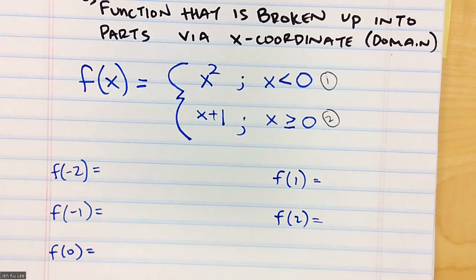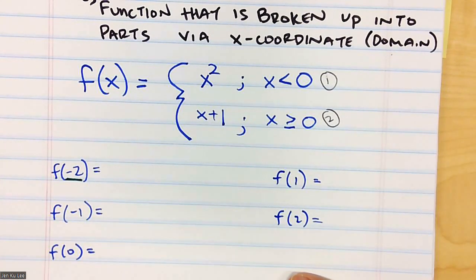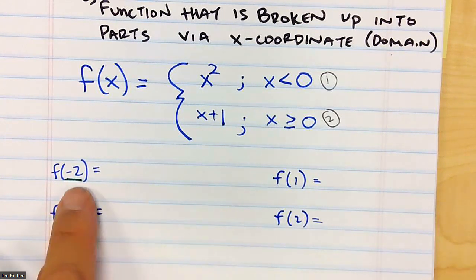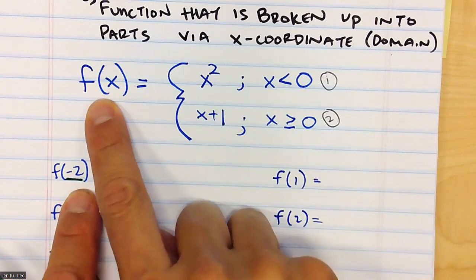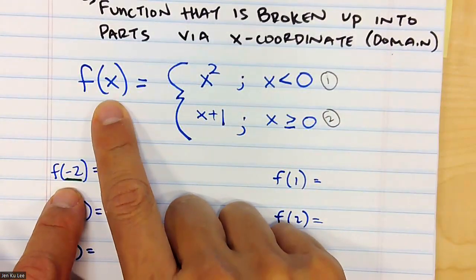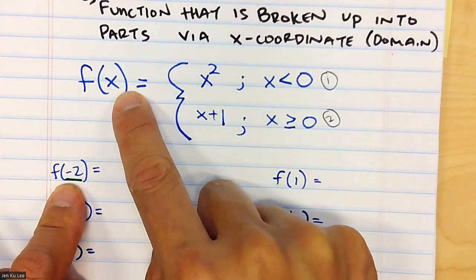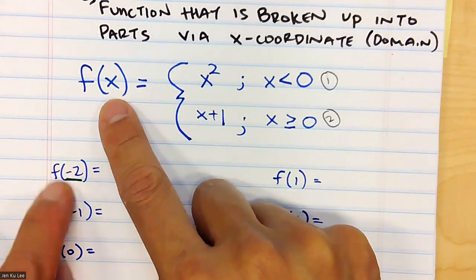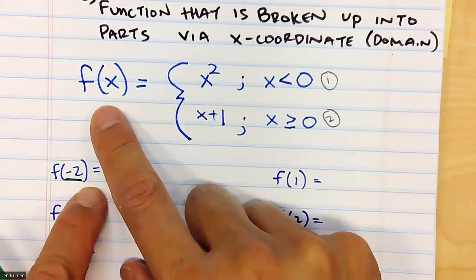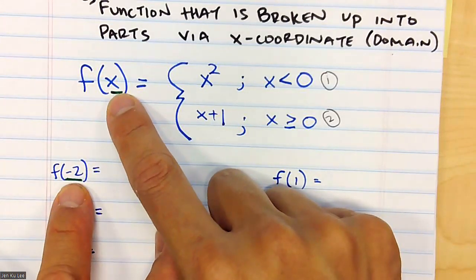Remember that this -2, what does that represent? The x value. Just like how it's f of x, in parentheses, follow the notation. F parentheses x close parentheses, f parentheses -2 close parentheses. So it happens that x is equal to -2.